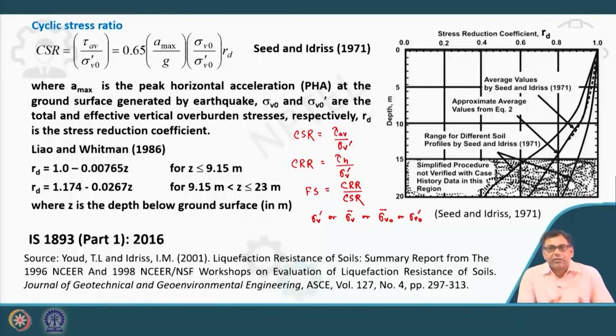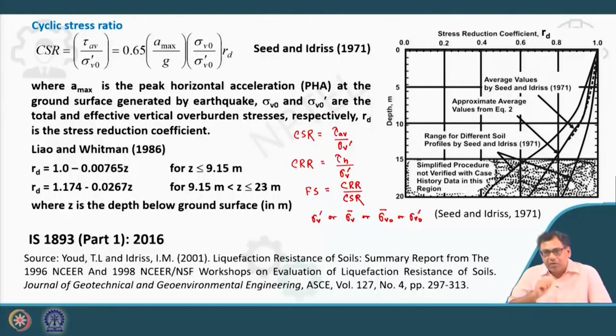I will discuss how we determine the PHA or Amax; I have already discussed that in my previous module. But you have to be very careful when you use the PHA or Amax, whether that data is the ground surface acceleration or not, because, as you know, during the derivation of CSR or tau AV, I discussed that Amax is applied at the ground surface.